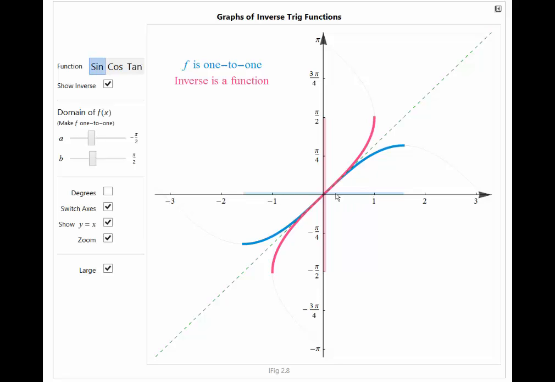You can see that that would be the domain from left to right of the inverse function. And the output, or the range, comes from minus pi over 2 to positive pi over 2 as the output for that inverse function.